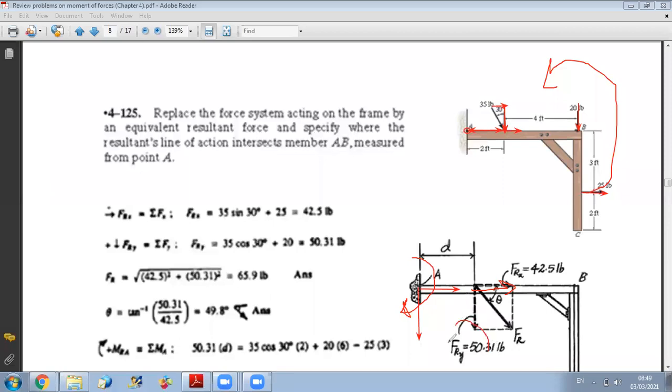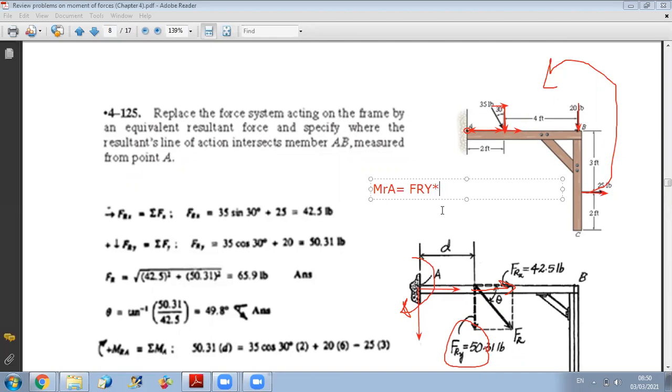And what is the distance to displace my force in order to get an equivalent moment? I write that MR at A should be equal to FRY times D, and then I can find D.